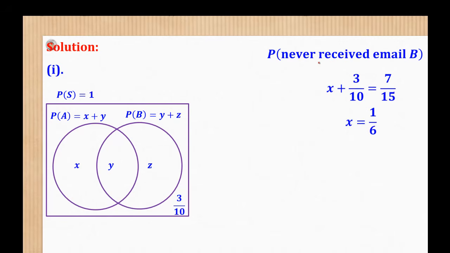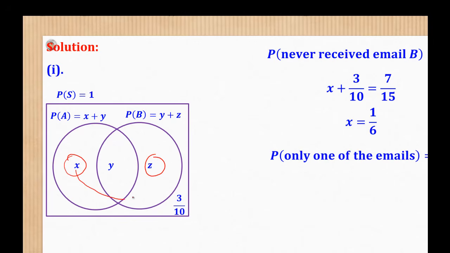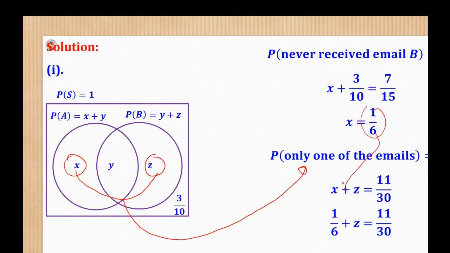So I've got X. The next, probability of only one email. Only one means this plus this. So these two, when I add them, I must get that. So I can say that X plus Z is equal to 11 over 30. The good thing, I know the value of X. So put it there, then make Z the subject.